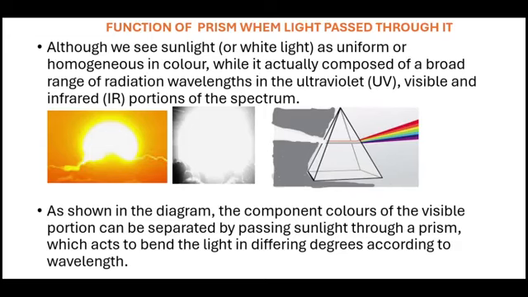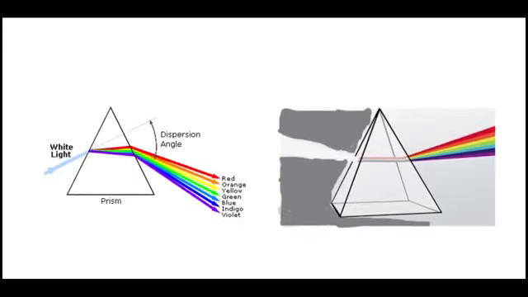As shown in the diagram, the component colors of the visible portion can be separated by passing sunlight through a prism, which acts to bend the light in differing degrees according to wavelength.